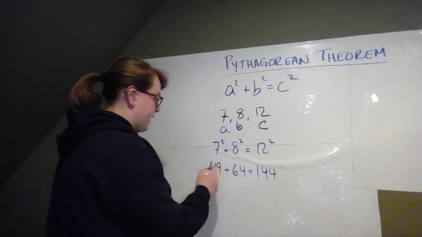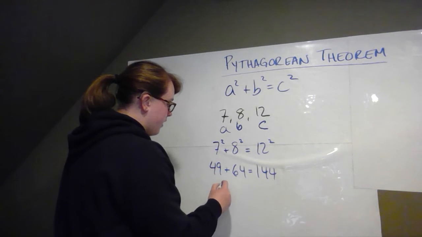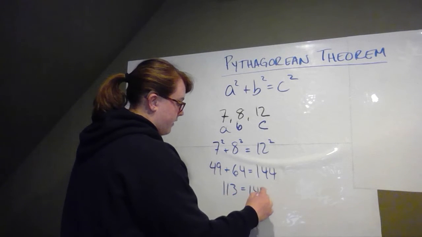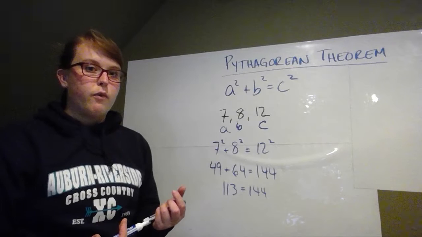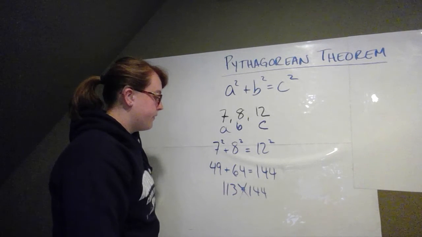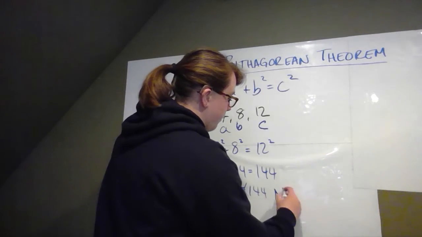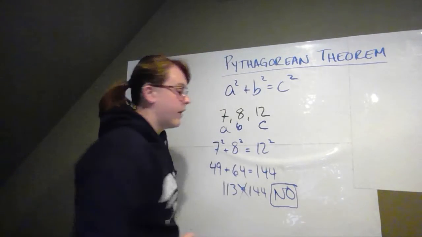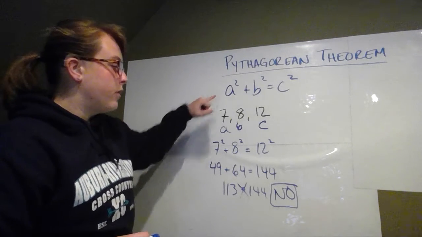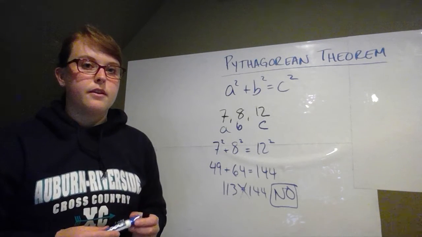All right, so then adding these two together, we get 113. Is 113 equal to 144? No, it's not. So since this is not equal, then we would say, no, this is not a right triangle. So that's what that tells me. If the Pythagorean theorem does not work out, it's not a right triangle.